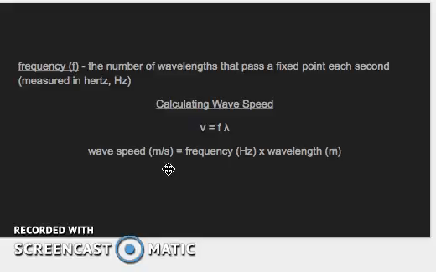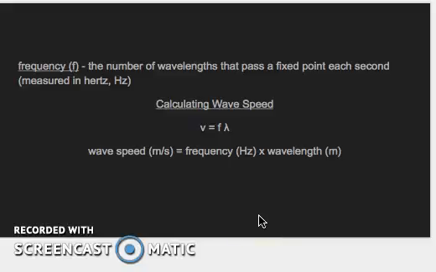Okay? And to calculate the speed of a wave, we multiply the frequency, F, in hertz, times the wavelength, which is represented by lambda, in meters. And you may be thinking to yourself, well, how does hertz times meters become meters per second?